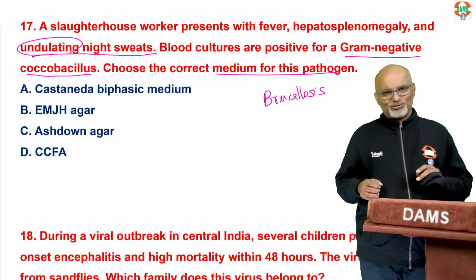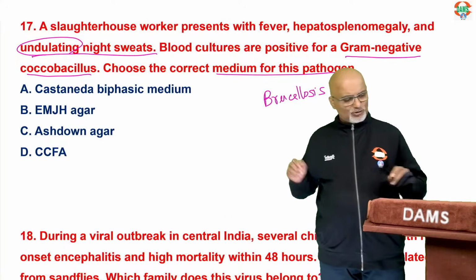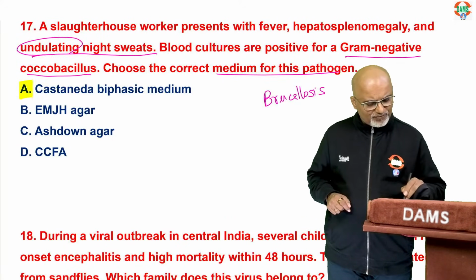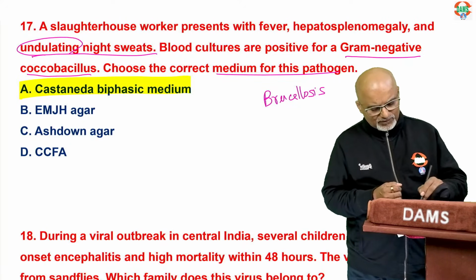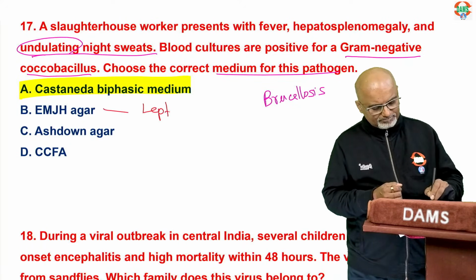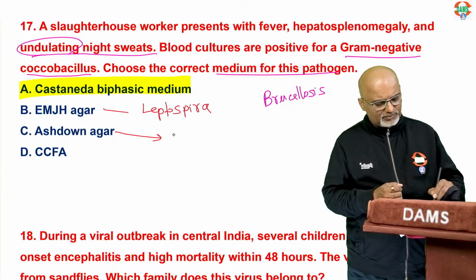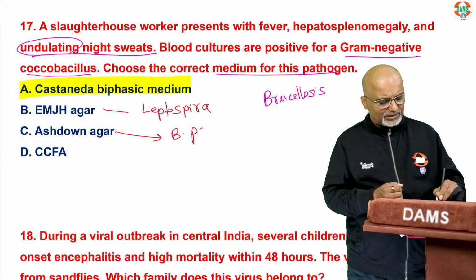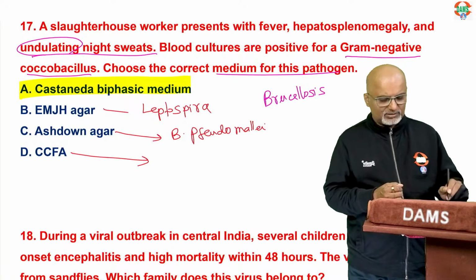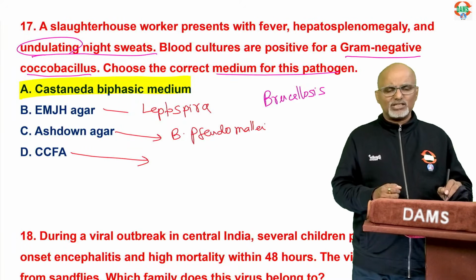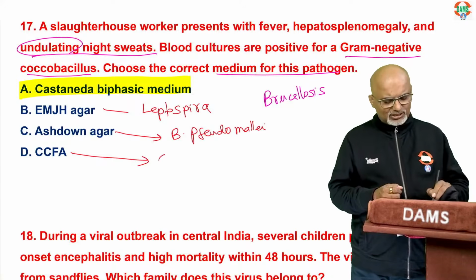So now, another thing: you must know all selective media. Castaneda biphasic medium for Brucella. EMJH for Leptospira. Ashdown medium for Burkholderia pseudomallei. Cycloserine cefoxitin fructose agar for Clostridioides difficile.